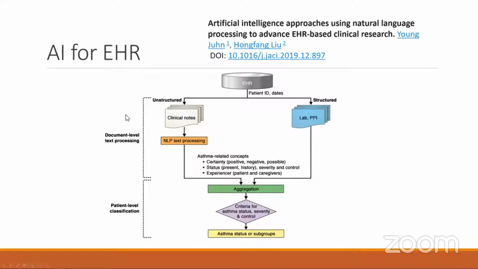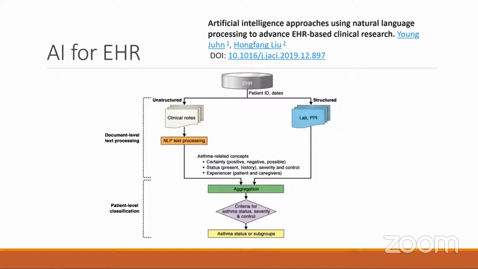For example, in this first part here, we have the clinical notes, which are usually unstructured because we have different agents interfering in these electronic health records. So we do a text processing here to reorder and to structure our data. To keep up with the criteria, we then provide some concepts that are certain, that for this disease, this is going to happen.